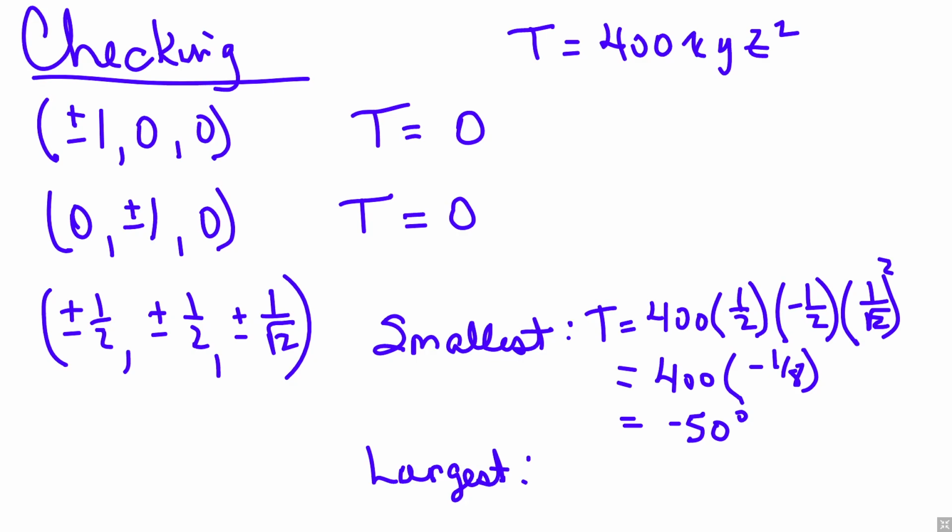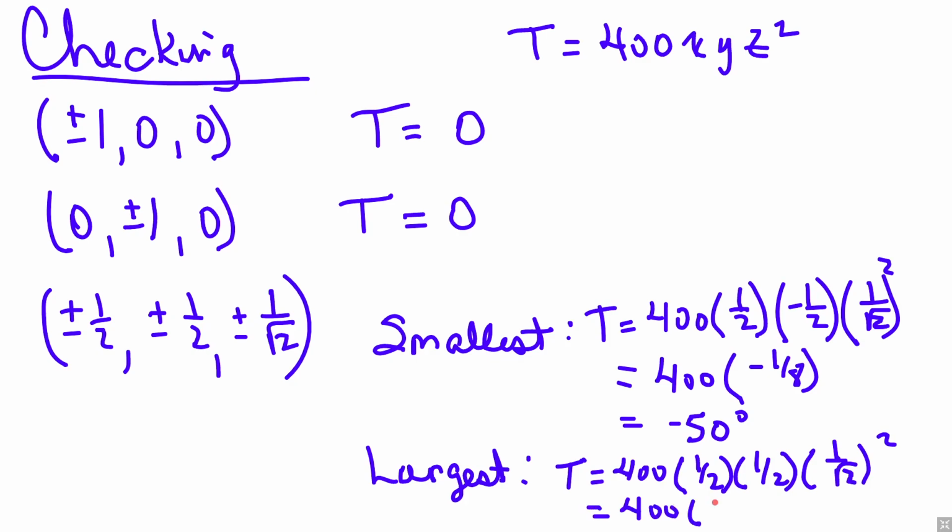So let's just look at the situation where they're both positive. So T is going to be 400 times 1/2 times 1/2 times 1 over the square root of 2 squared. So we're going to have 400 times 1/8, which is 50 degrees.